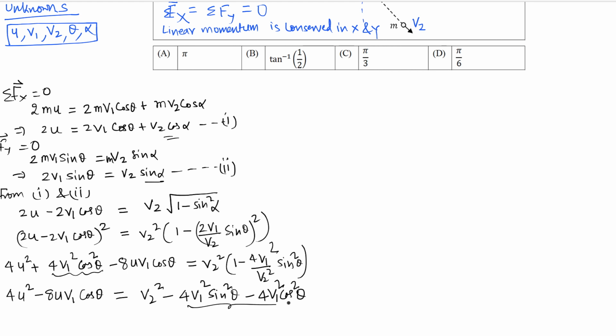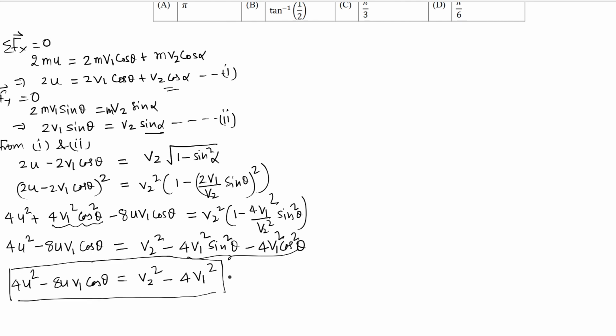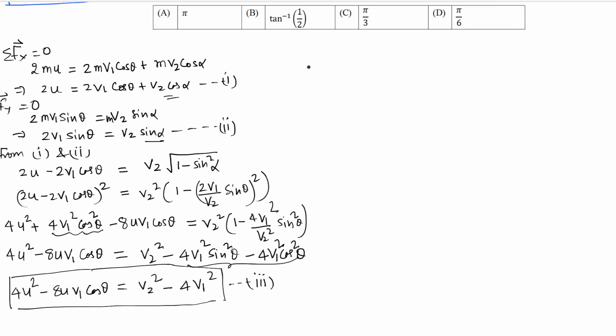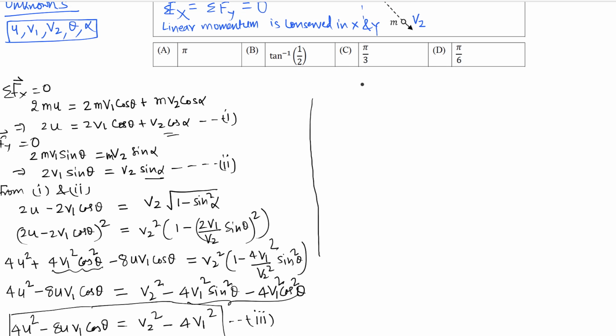So this will simply become v2 square minus 4v1 square, and here we have 4u square minus 8u v1 cos theta. Let's just box this one and call it equation 3. Now we'll go to the next step on this side so that we don't lose sight of the equation.